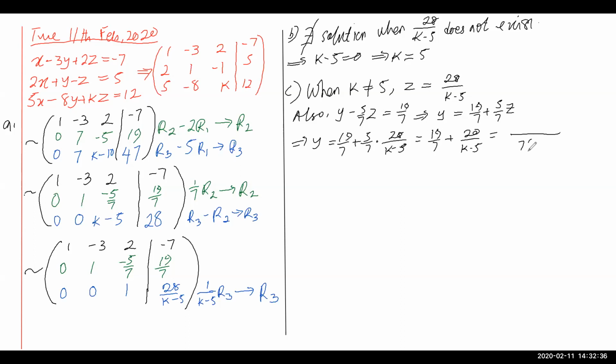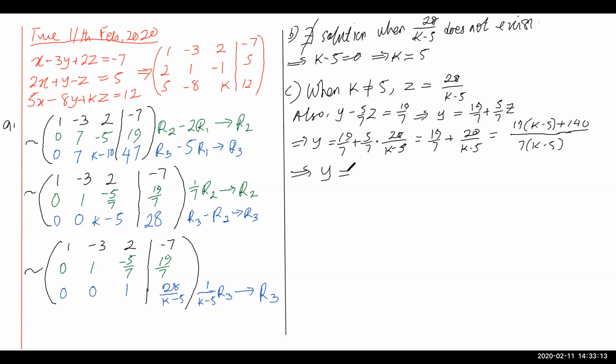Expressing that as a single fraction. So that's 7 times k minus 5. So 19 times k minus 5. Then 7 times 20 will be 140. Please confirm. Am I right so far? I'm waiting for your replies. Okay. Krista said yes.